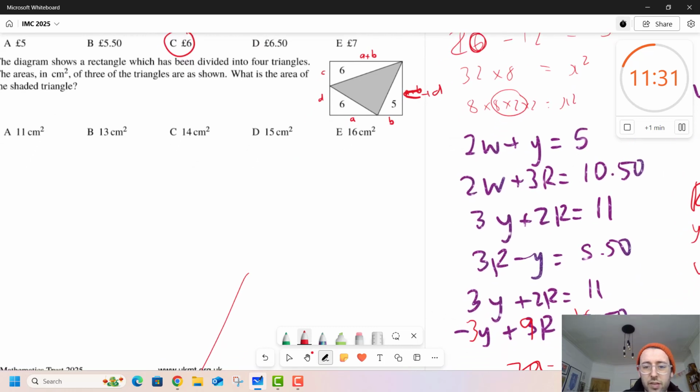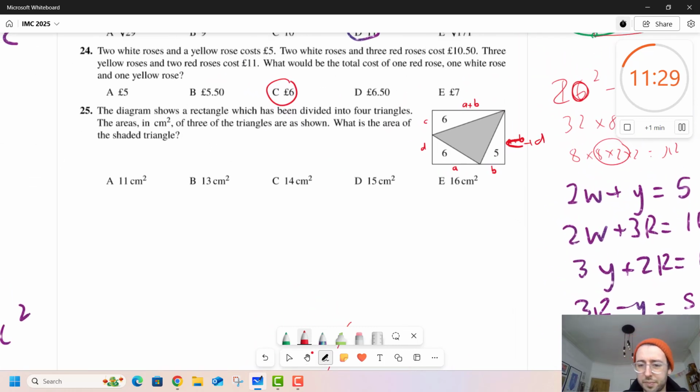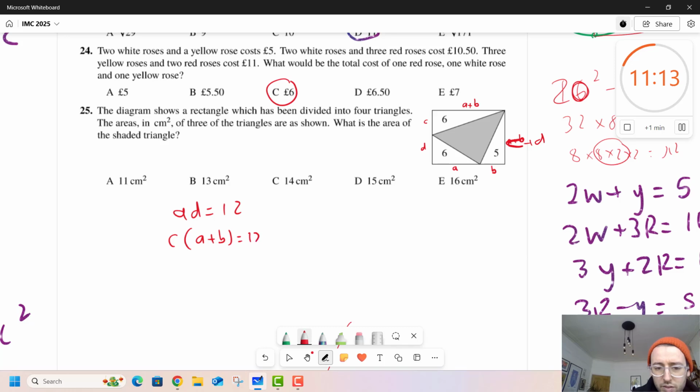Okay, so let's actually do it here. AD over 2, so AD is 12. C lots of A plus B is 12. B lots of C plus D equals 10.